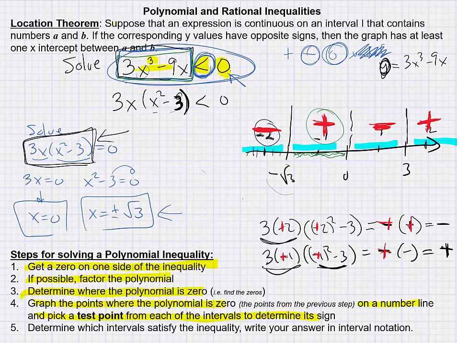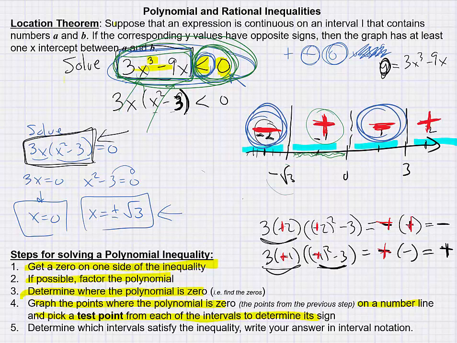Now think about what did we want. What we wanted was this thing. We wanted to take an x, plug it in here. In order to satisfy this inequality, we wanted to get a negative answer, right? We wanted less than 0. Well, we know that here and here we will be less than 0. So what's our solution?